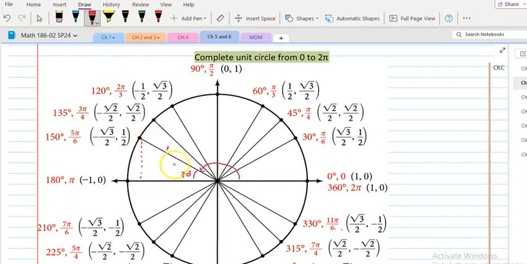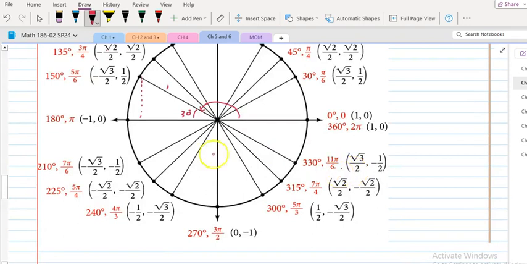All these are filled in using the special triangles, and this is the unit circle. Even the 270 degrees and 3 pi over 2, we will have over here also. I'm going to erase this because this is just an illustration of how we generate this.